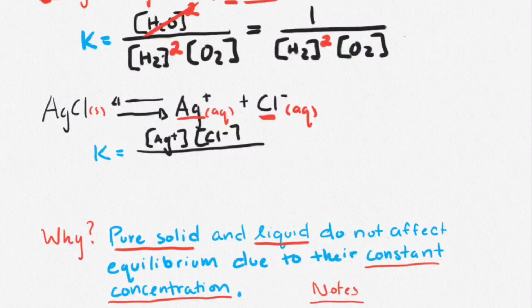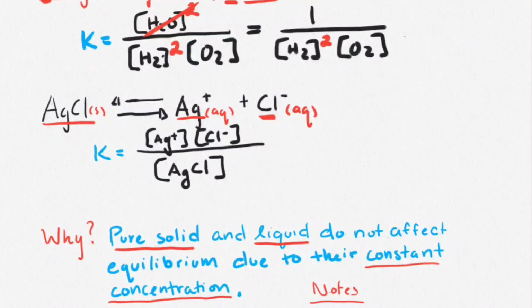Coefficient is also 1, divided by HeCl. Coefficient is also 1. So all of the coefficients are 1 in this expression, so you can just leave that out.